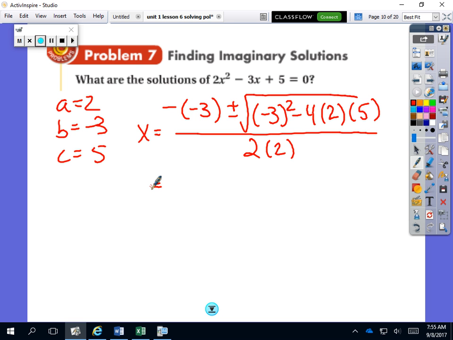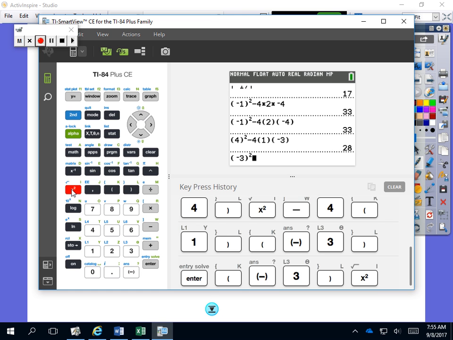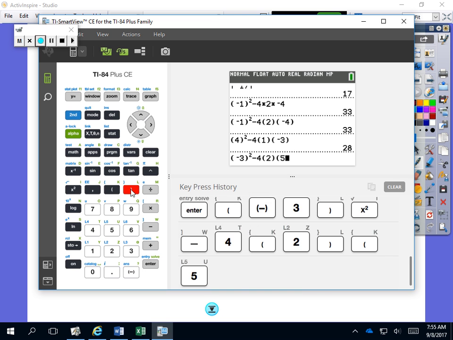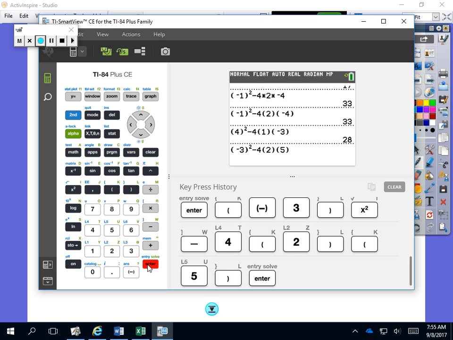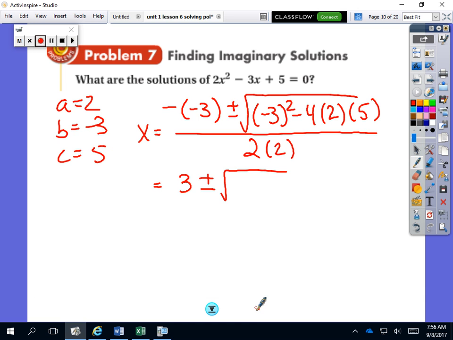Okay, negative of negative 3 is 3, plus or minus, put this in your calculator, negative 3 squared minus 4 times 2 times 5 equals negative 31. And then 2 times 2 on the bottom is 4. I almost wrote 2. Is 4.